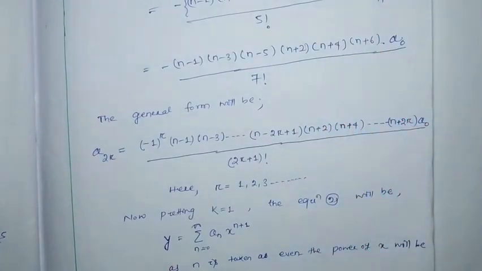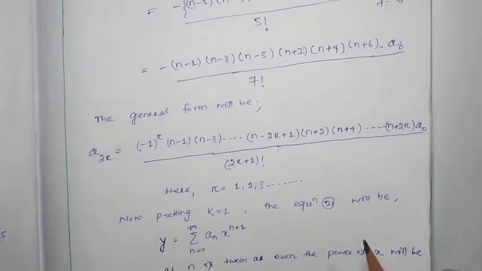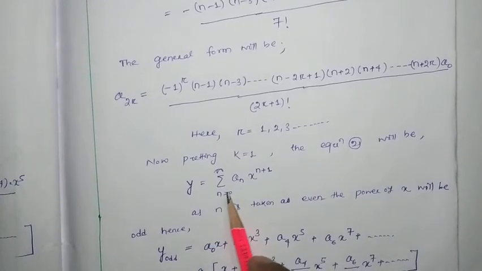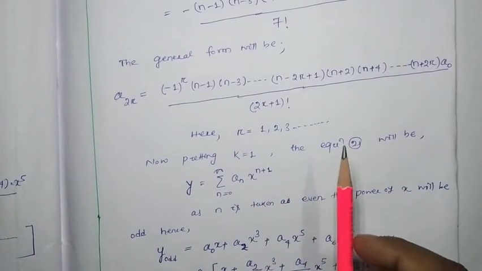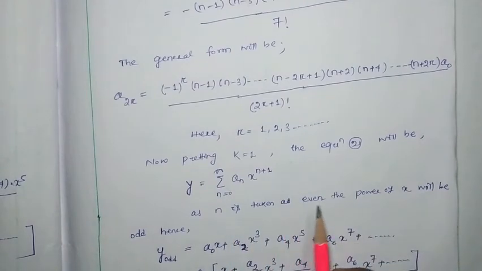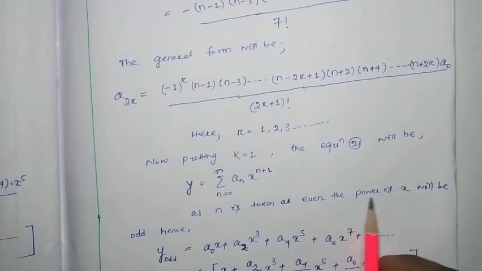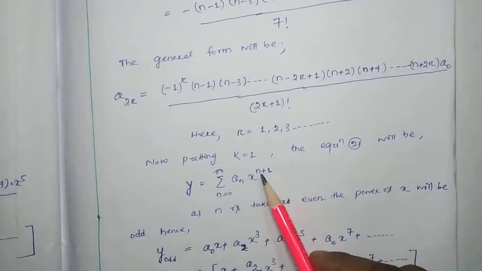Now we have to put k equal to 1 in the general solution, that is in equation number 2. See, this is your general solution, n is equal to 0 to infinity, an x to the power n plus 1, right? Here n is taken as even only, so the power of x will be odd as it is n plus 1.